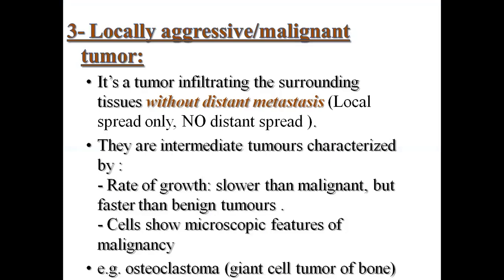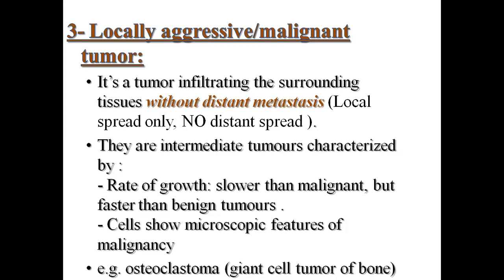So, till now, we divided the tumors into benign and malignant. However, we have a third type according to the behavior, which is called locally malignant or locally aggressive tumor. This tumor under the microscope has similar features of malignancy, which are increased nuclear cytoplasmic ratio, hyperchromatism, pleomorphism, mitosis normal and abnormal, right?